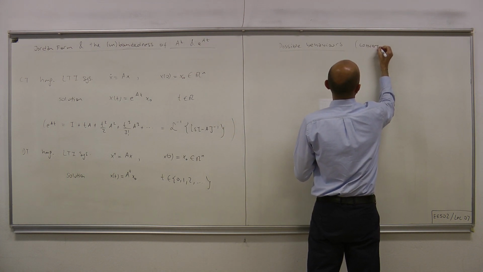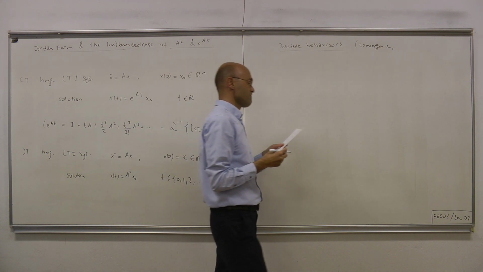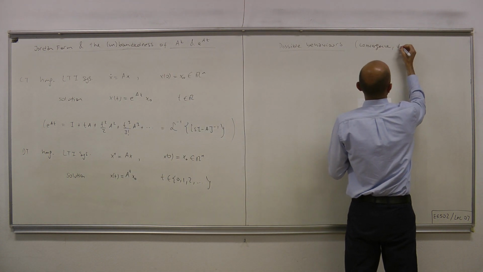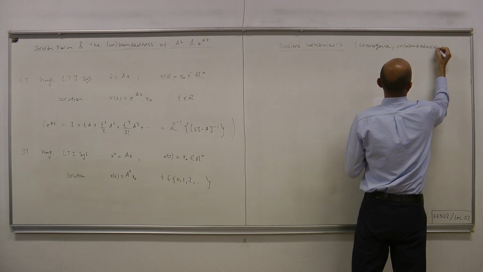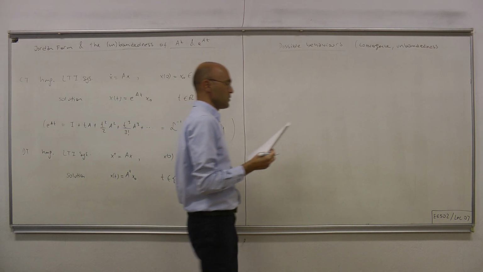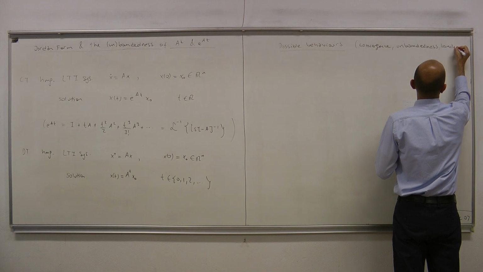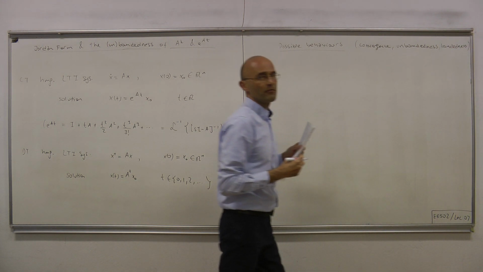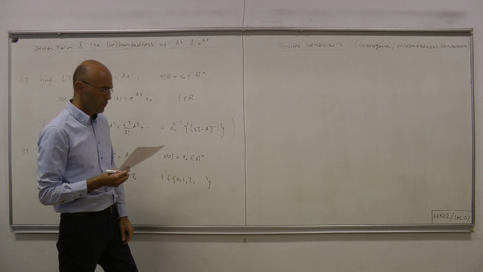We will be studying the convergence behavior of the solution, and also whether the solutions are bounded or unbounded. So unboundedness, and finally boundedness. All those three behaviors are closely related to one another.